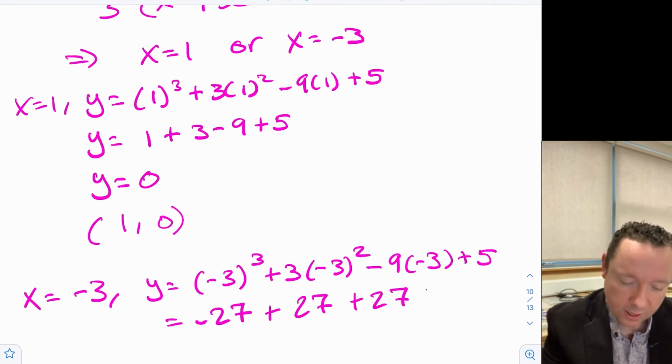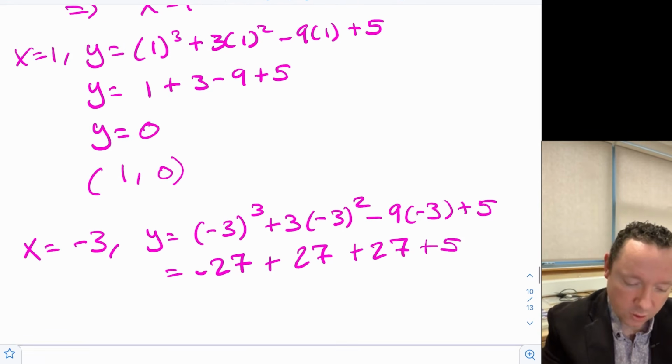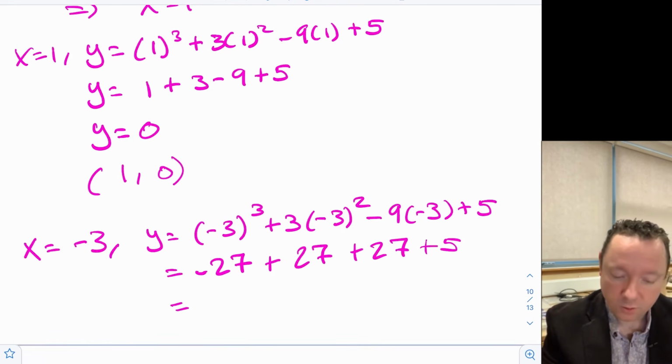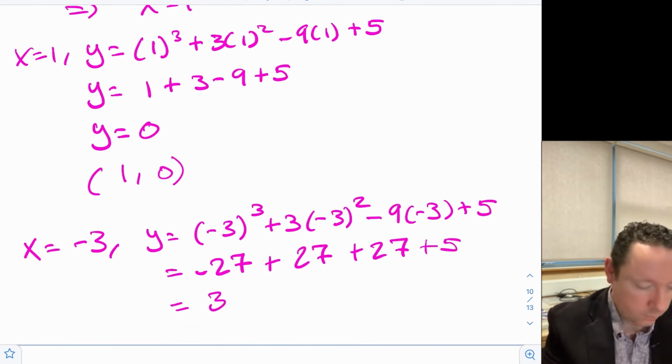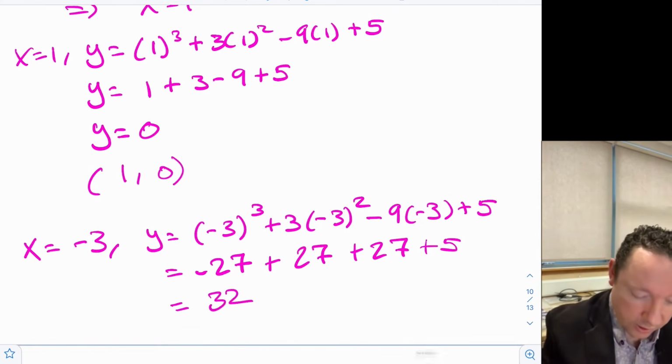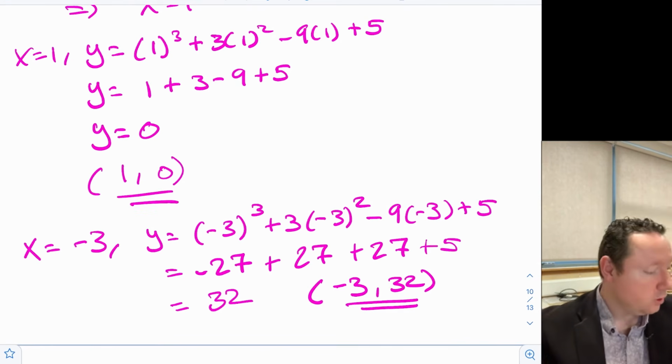And then you've got plus 5. Minus 27 plus 27 is obviously 0. So then you've got 27 plus 5, 32. So your second stationary point is (-3, 32). So there's my two stationary points.